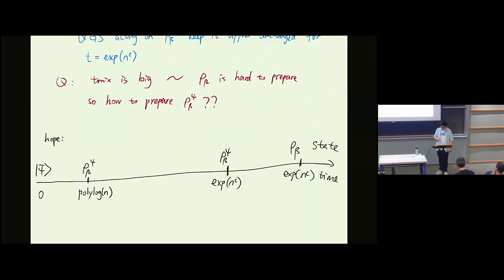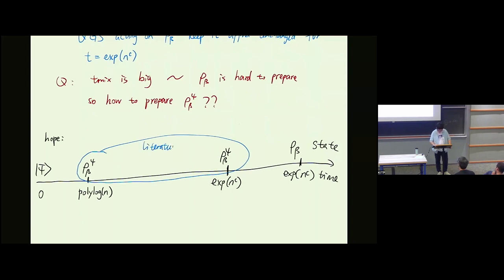And if we look at the literature of self-correcting quantum memory, the literature is proving this part. It says that if you start from the memory state at finite temperature, it stays stable. But it doesn't tell us about the first part.